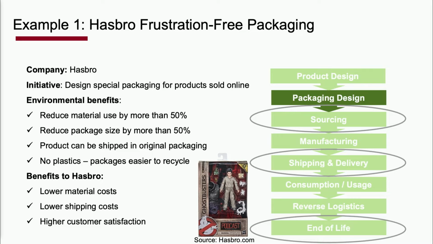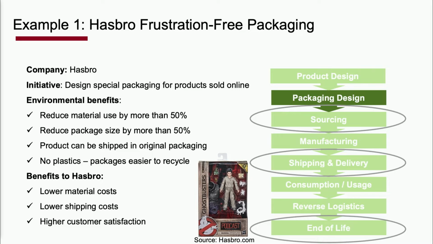For the same reason, it also includes this plastic window. While these features are very helpful for shoppers that shop at physical stores, they're also quite wasteful, and also because of the mix of cardboard and plastic, this packaging is harder to recycle.